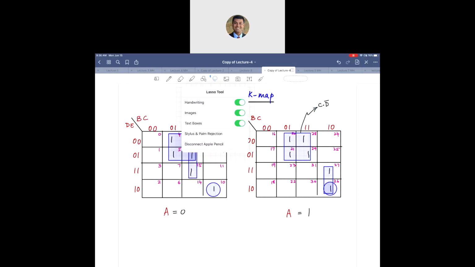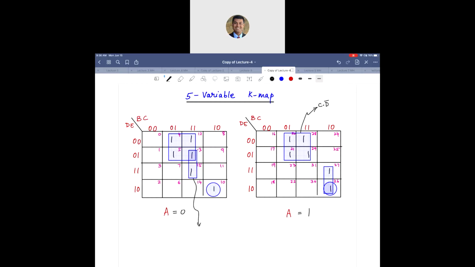Next, how about this group right here? Let's see. For that guy, A is a 0, B is a 1, C is a 1, D changes, E is a 1. How about this guy?